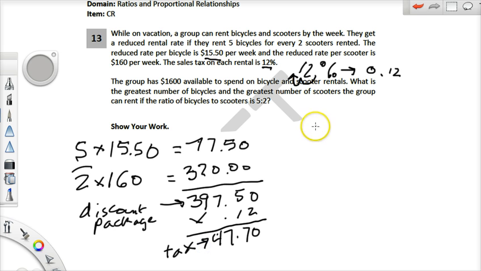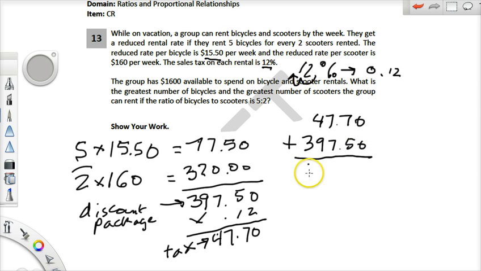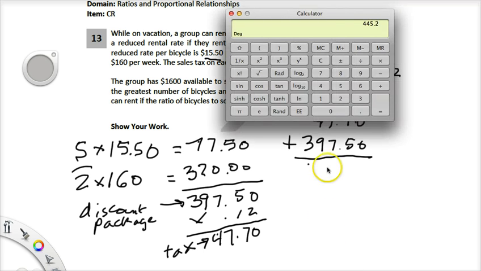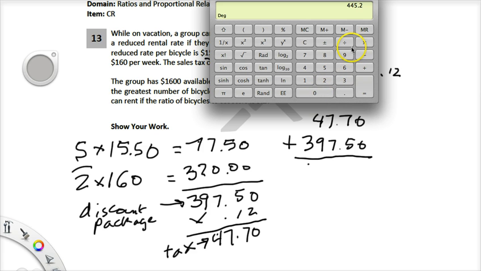So we want to come back in and add our tax back to the original price of the package. So 47.70 plus 397.50. Okay, so 47.7 plus 397.5 gives us 445.2.